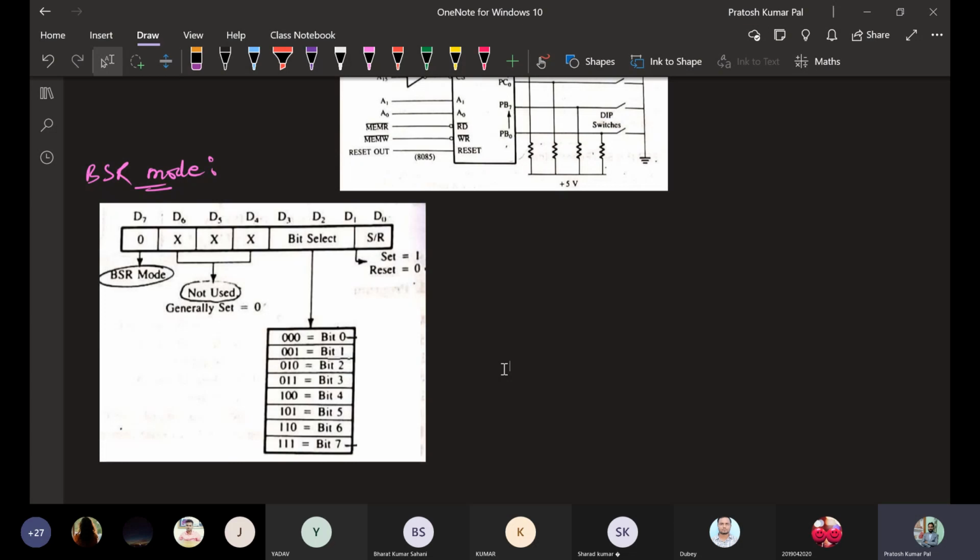That means all the bits of port C will be either set or reset. All the bits will be decided by the BSR mode only. In BSR mode, the value of the port C bits will be decided.